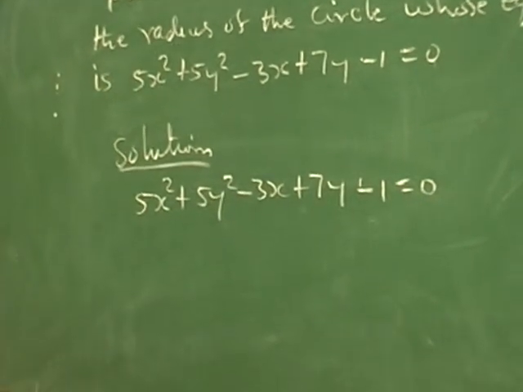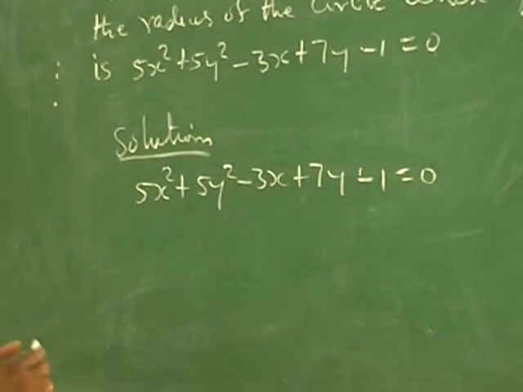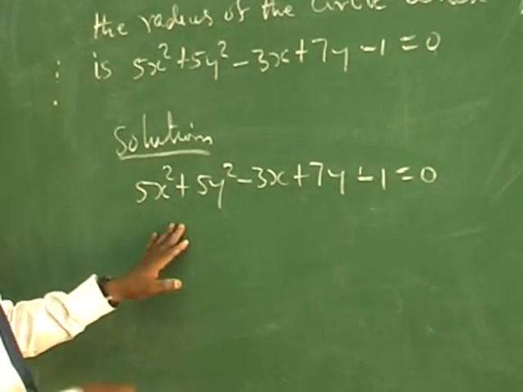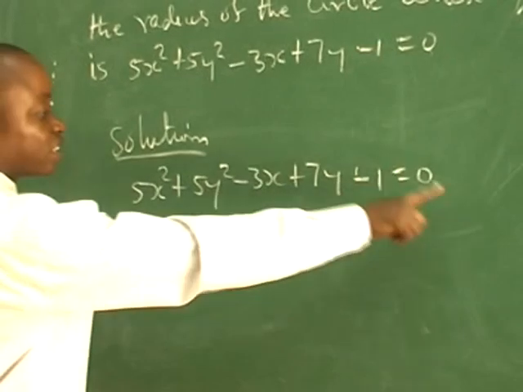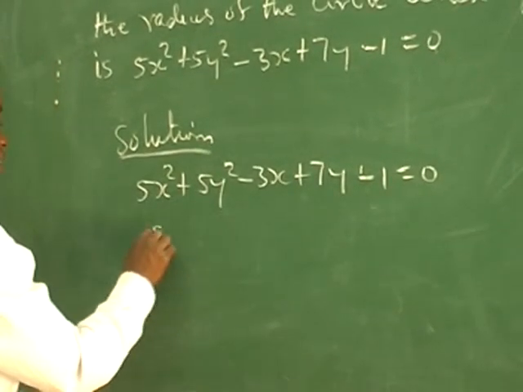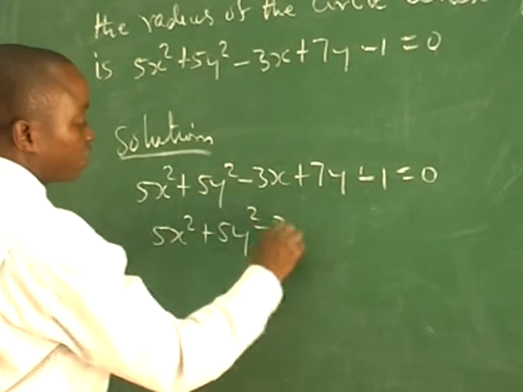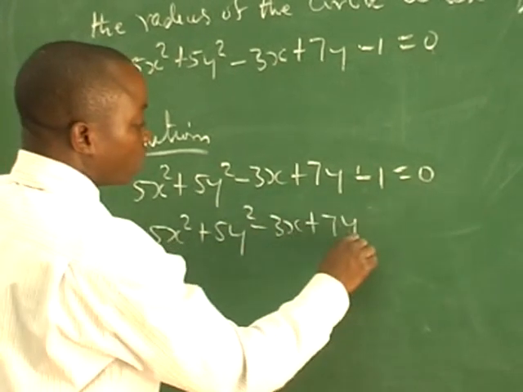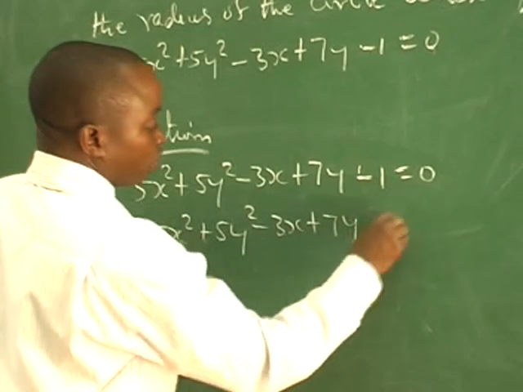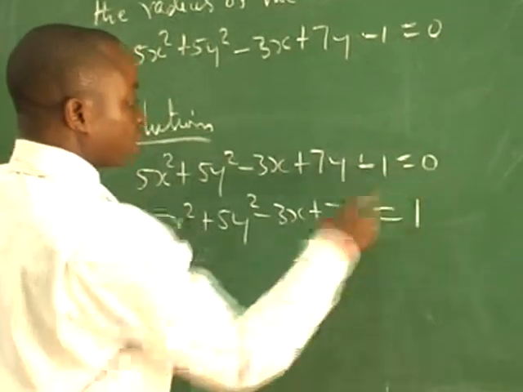Now, if you know completing the square very well, or if you don't know, you can follow. You see that the first thing we do is to take this constant across. So we have 5x squared plus 5y squared minus 3x plus 7y will be equal to 1. We are taking this constant across.